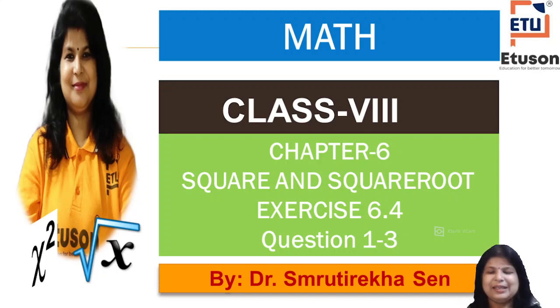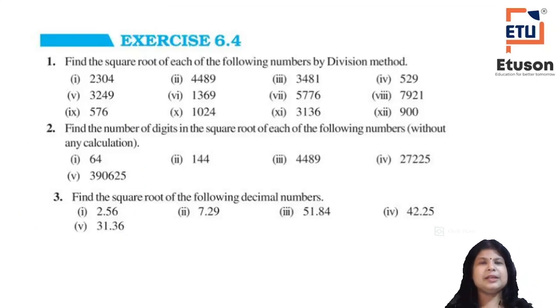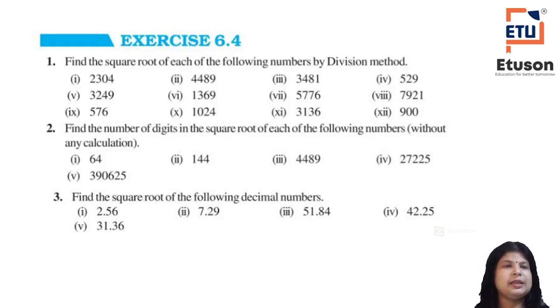Okay children, so let us start today's class then. These are the questions from question number 1 to 3 from exercise 6.4 of your NCERT book. As you can see, in question number 1 there are 12 bits.